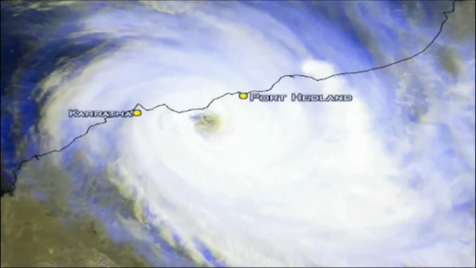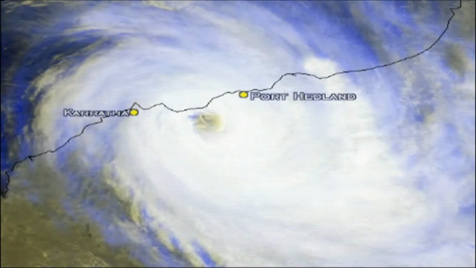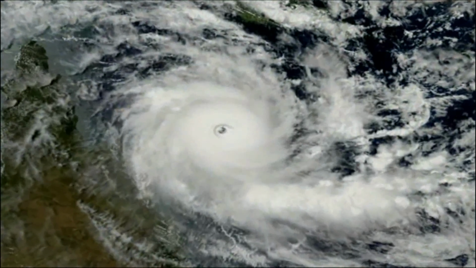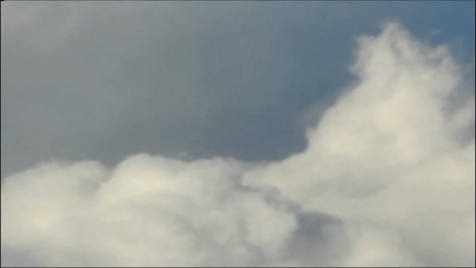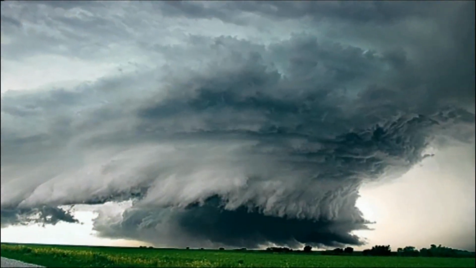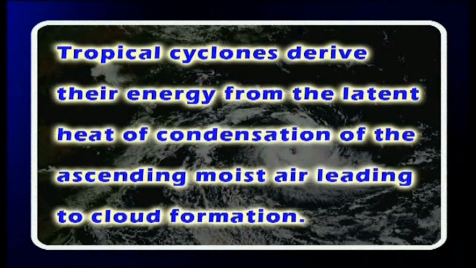On the other hand, tropical cyclones form in the tropics, and can regenerate into extratropical cyclones while they move to higher latitudes. But extratropical cyclones never move into the tropics. Tropical cyclones derive their energy from the latent heat of condensation of the ascending moist air leading to cloud formation.